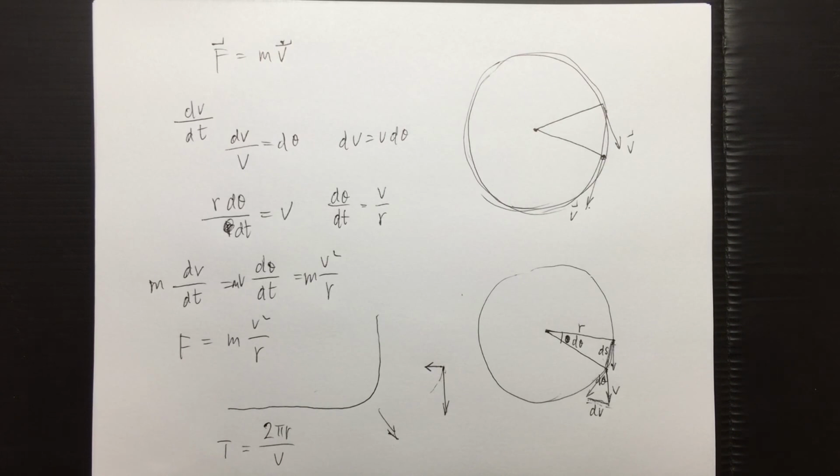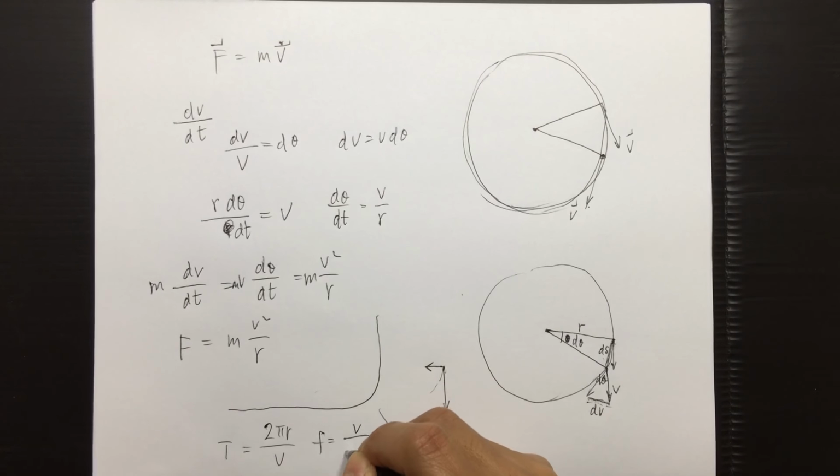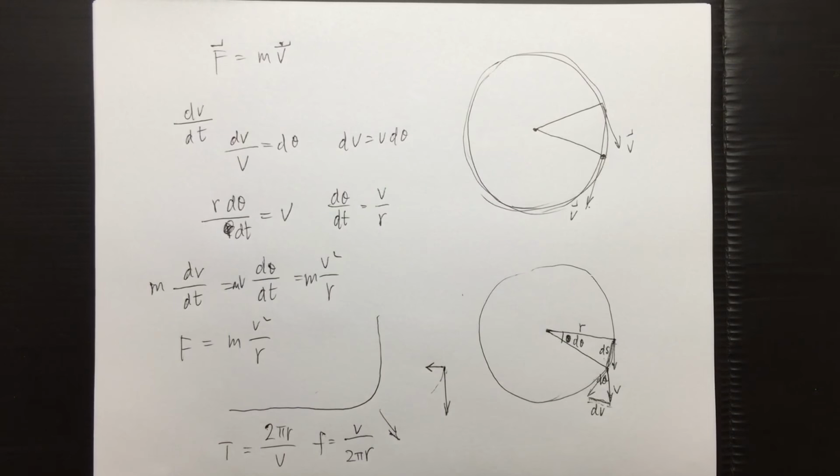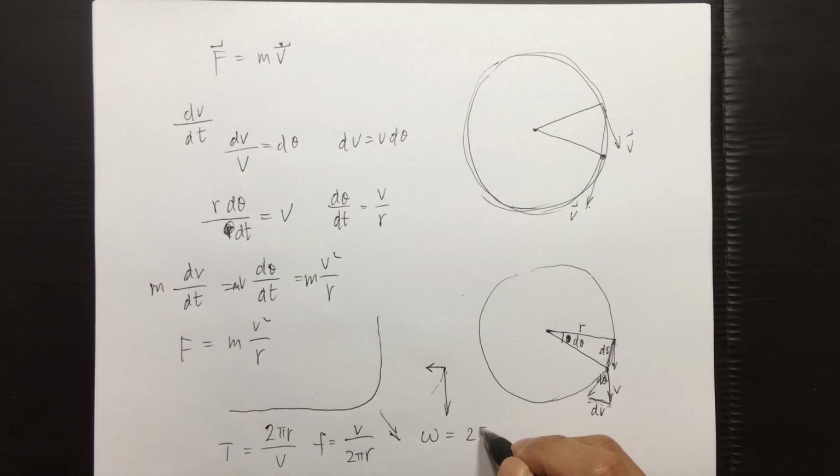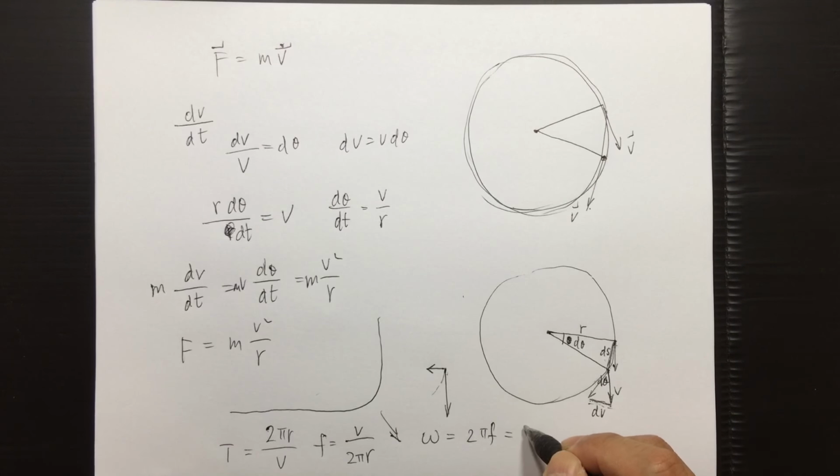And we hate periods. We like frequencies. That's in 1 second, how many circles you're going to travel. So we look at it the other way around. You remember the angular frequency omega we introduced? It's 2 pi f, which actually equals v divided by r.